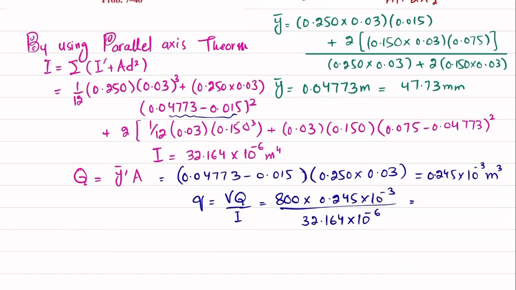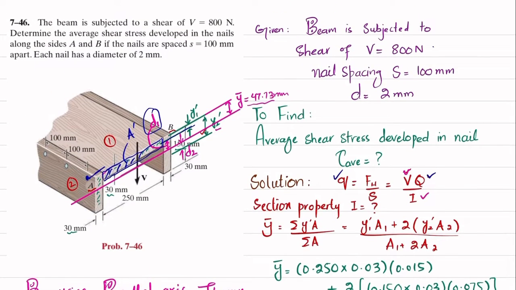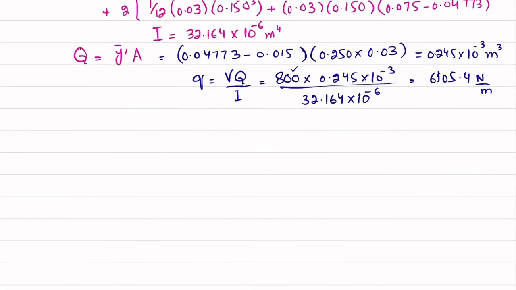So from here you will get the value of shear flow is 6105.4 Newton per meter. Okay. This 800 is not in pound, this is in Newton. So kindly make this correction.